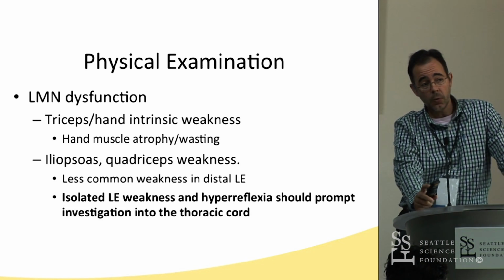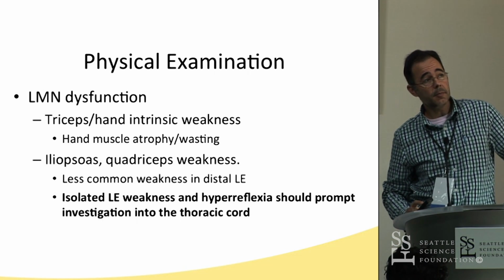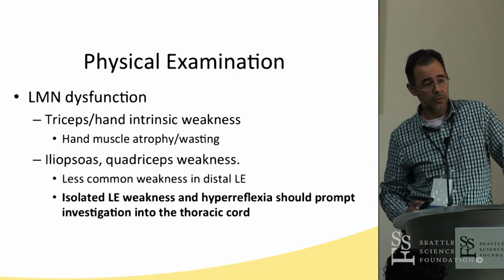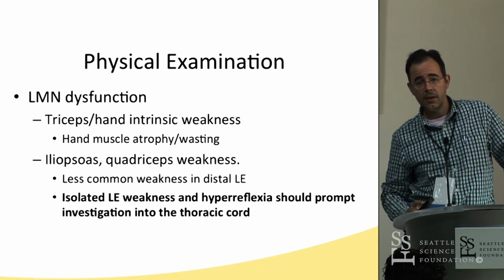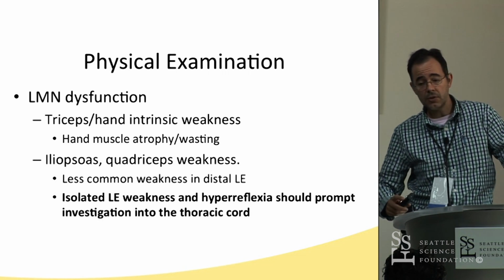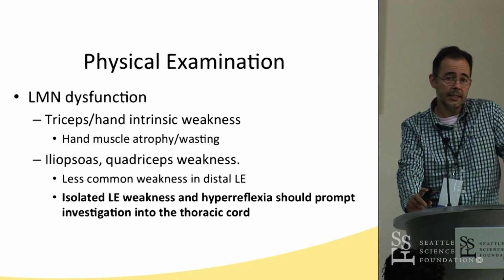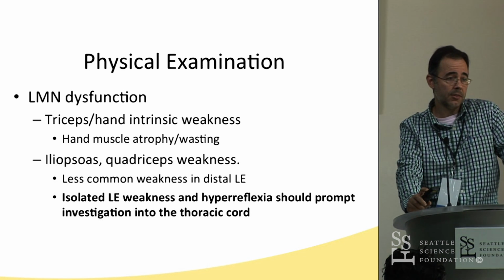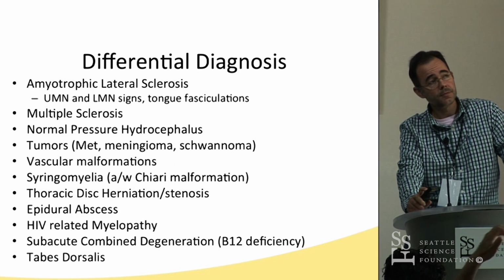You want to check for coexisting lower motor neuron dysfunction. Does this mean that the patient has coexisting foraminal stenosis? Or does this mean that the patient has a coexisting neurological disease, such as ALS? Important to check, and rule out other disease processes in all of these patients, because very often these things can be missed.